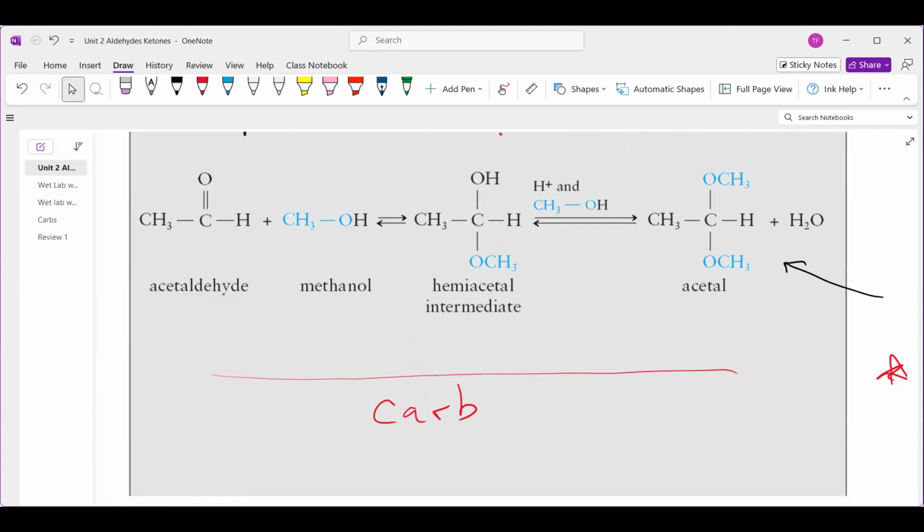Okay, we have an aldehyde and an alcohol.